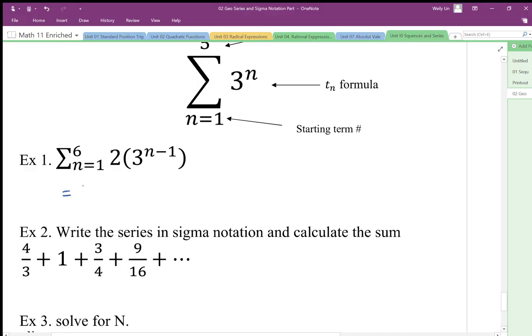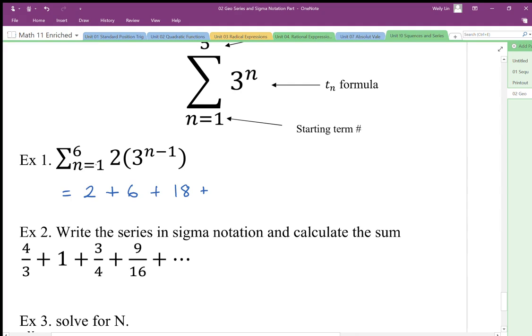We have 2, we substitute 1 in, so 3 to the power 0, so it becomes 2 plus, because the sigma means it's a sum, we're going to add every term together. We plug in 2, 3 to the power 2 minus 1. It ends up being a times 3 relationship, so we just end up with a geometric series, in fact.